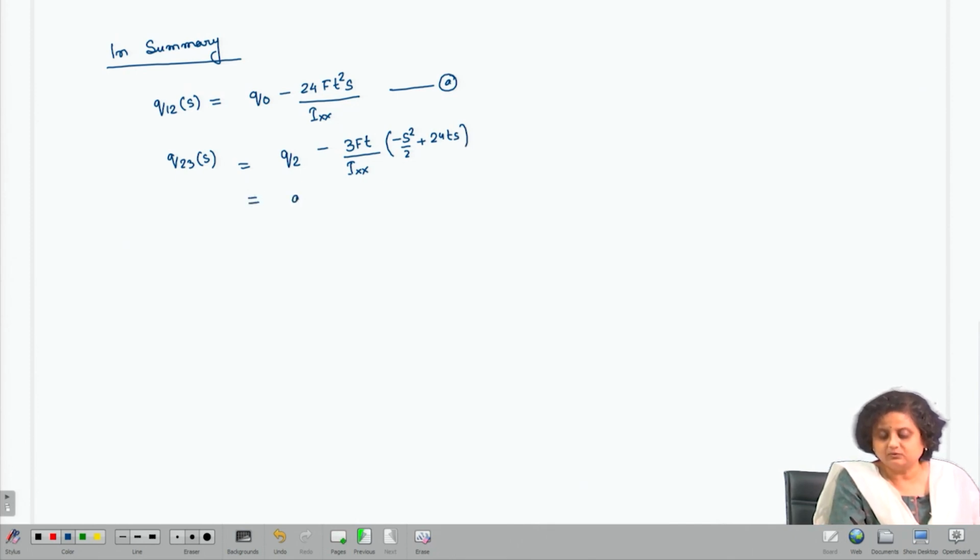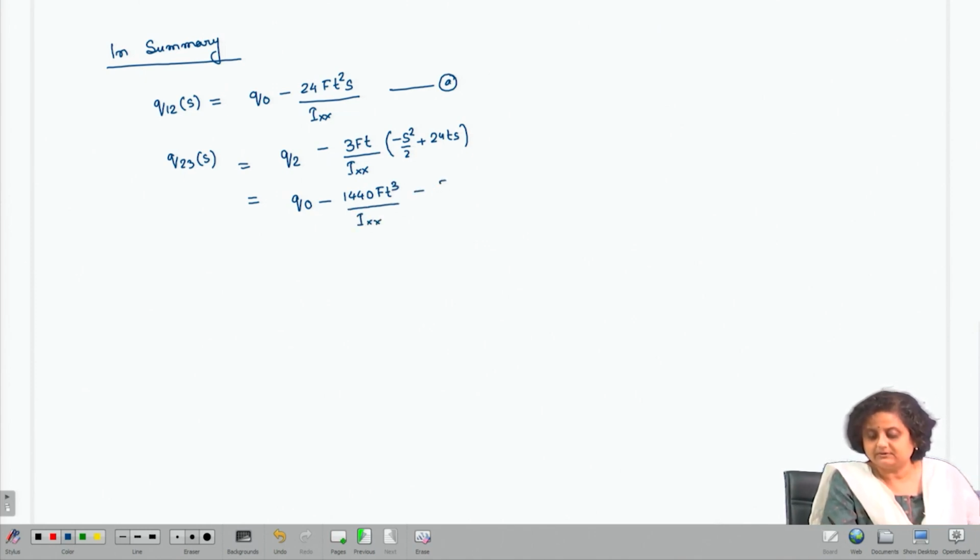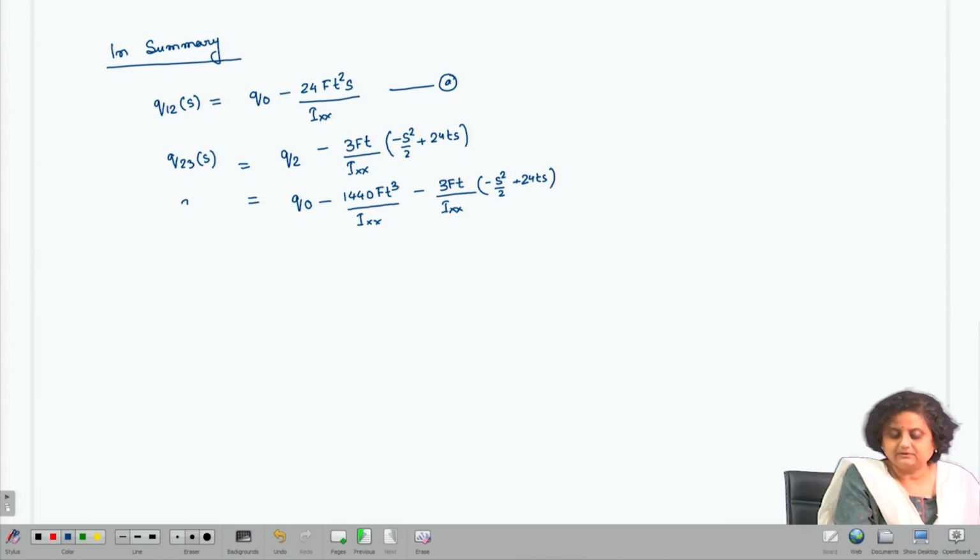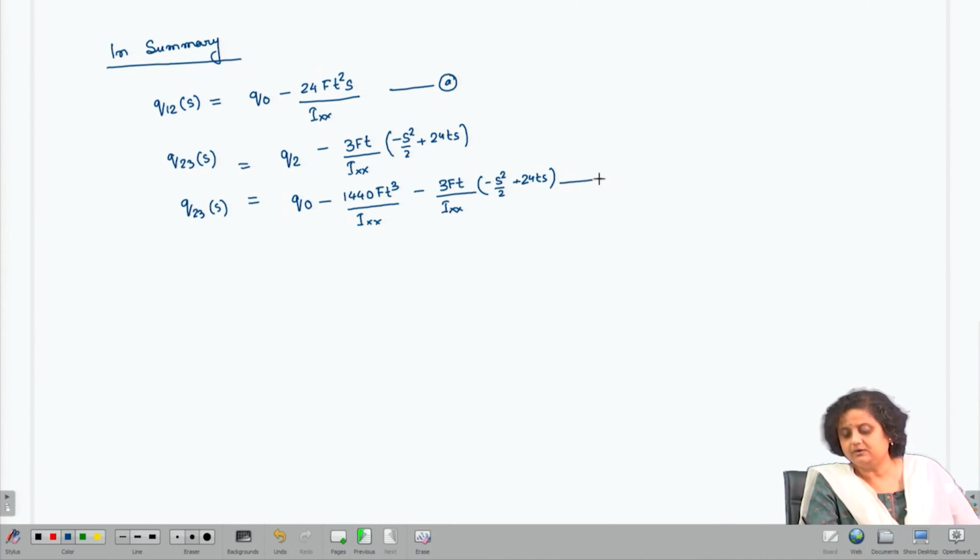Q2 is again Q0 minus 1440 Ft cube by Ixx, minus 3Ft, and that is equal to Q23S. So this is my equation B.